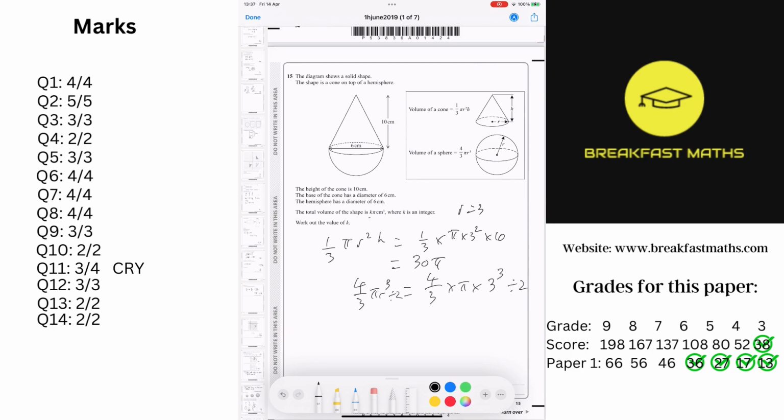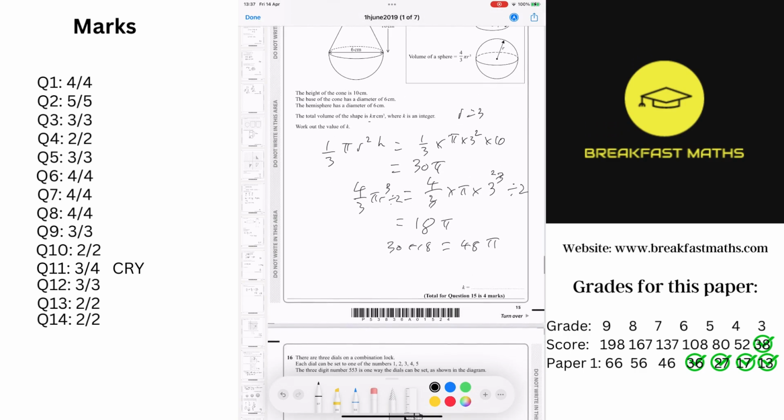Okay, so this here, the 3 and the 3 are going to cancel, so we're going to have 3 squared. 4 times 9, 36, divided by 2, we'll do that straight away for time. That gives us 18 pi, so we've got 30 pi plus 18 pi, which gives us a value of 48 pi. So, okay, in this question it's 48.